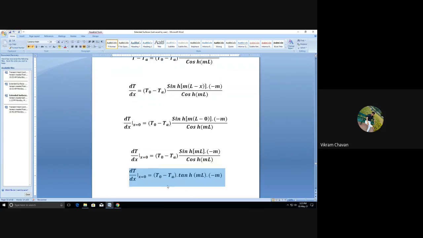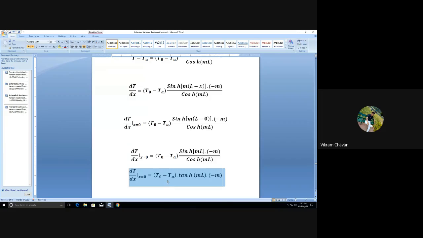So dT divided by dx at x equal to 0 is equal to (T naught minus T_a) multiply by tanh of mL multiply by minus m.